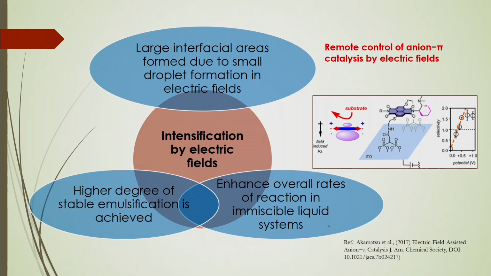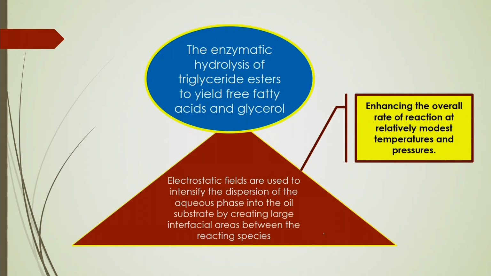Here an example is the remote control of anion-pi catalysis by electric fields. Another example is electrostatic fields used to intensify the dispersion of the aqueous phase into the oil substrate by creating large interfacial areas between the reacting species, like enzymatic hydrolysis of triglyceride esters to yield free fatty acids and glycerol.